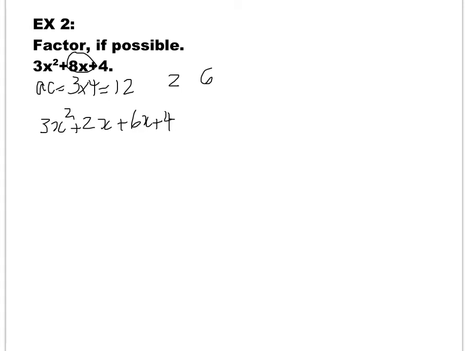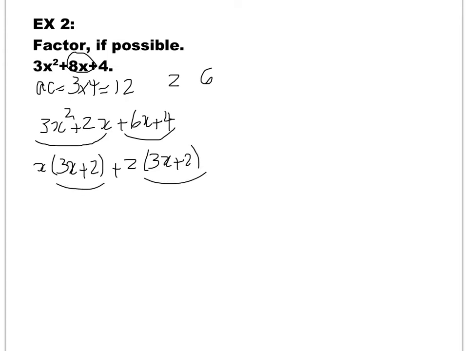So again, I take these two terms and these two terms. The common factor is x, so it's x times (3x plus 2), plus the common factor of 6x plus 4 is 2, so I get 2 times (3x plus 2). Now this and this are common, so I take 3x plus 2 out, and I get x plus 2 here.